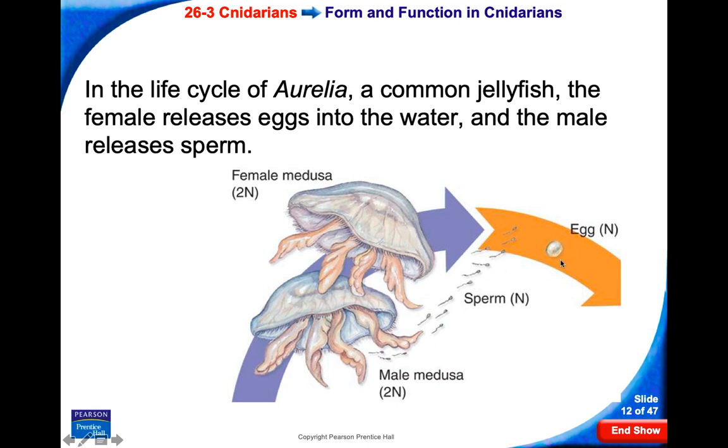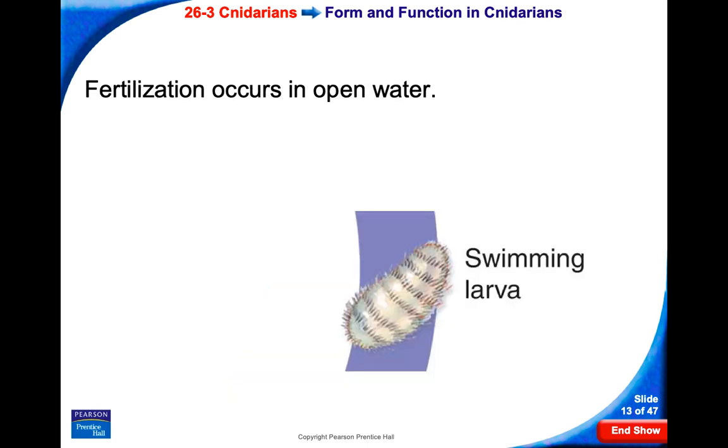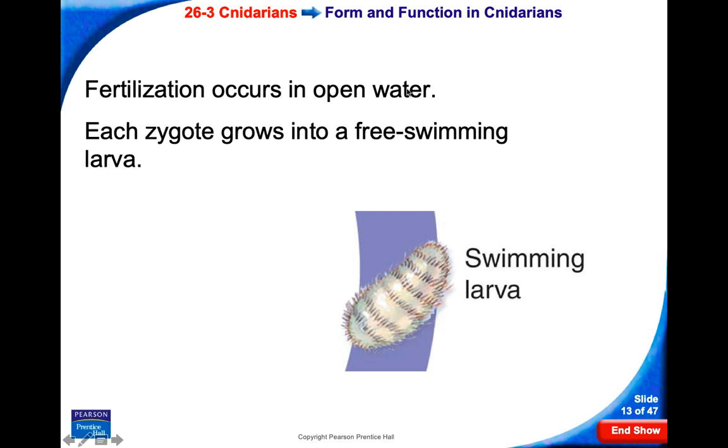Both of these are haploid, and so they're released out into the water, and over time, as they float around, hopefully they come in contact with one another, and when they combine, that's where you get fertilization. Okay, so it happens in the open water. Once fertilization happens, you end up with a zygote, which is a fertilized egg, and that will eventually grow into a free-swimming larva, which is really quite tiny compared to the full-size adult.